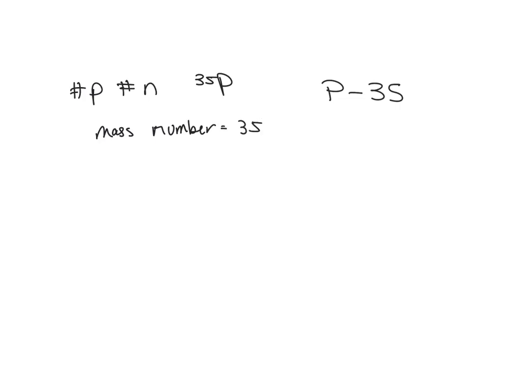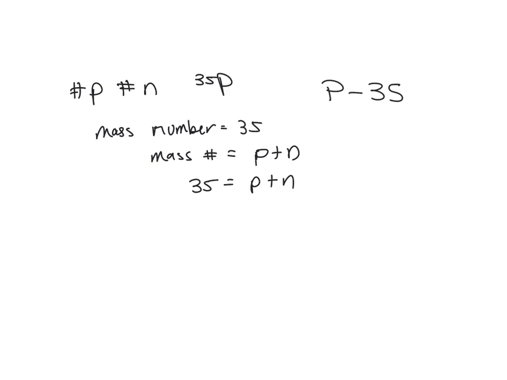All right, how about the next question? Number of protons, neutrons in phosphorus 35. You might see this as P35. That is the mass number. So the mass number is 35, and the mass number equals the number of protons plus number of neutrons. So 35 equals P plus N, and now I need to look at the periodic table for phosphorus to see what number element that is.